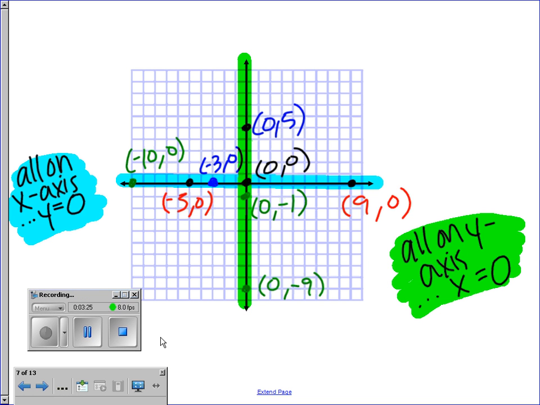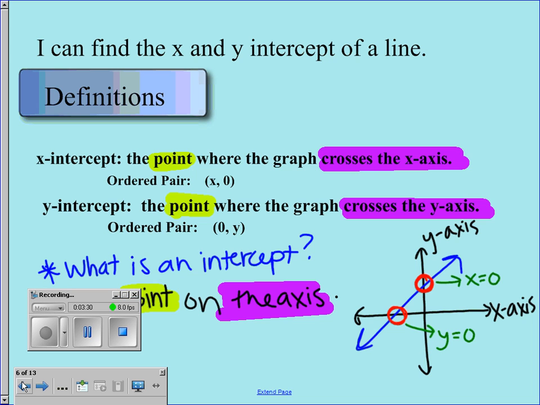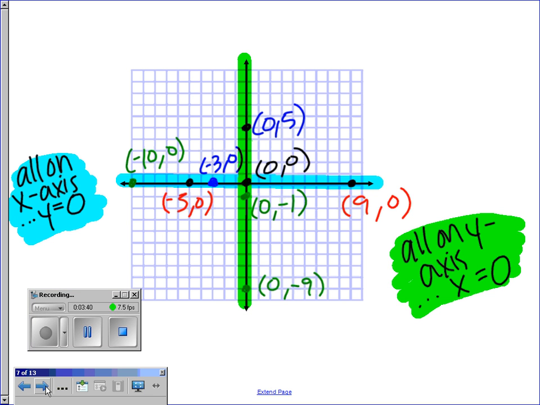Real quick, I did have some questions in class about what it meant whenever I said y equals 0 and x equals 0. A little bit of an explanation of that is if I plot any point on the x-axis, then y equals 0.